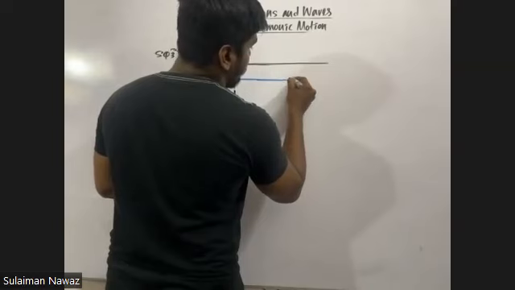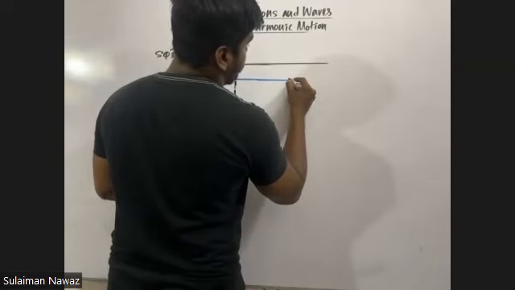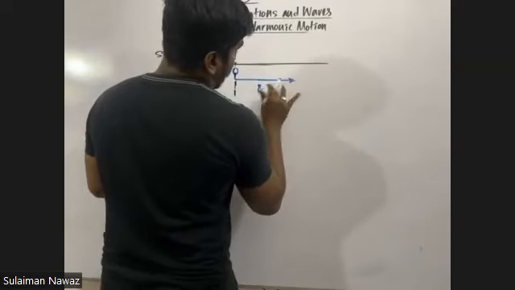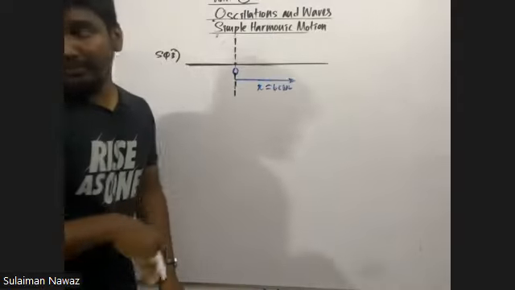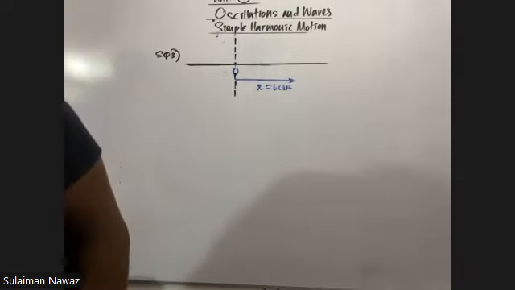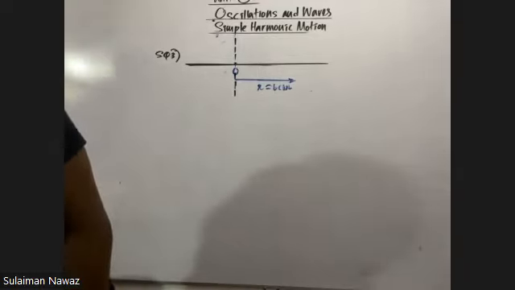When your displacement is 6 centimeters, x equals 6 centimeters. They have given the velocity of the object.